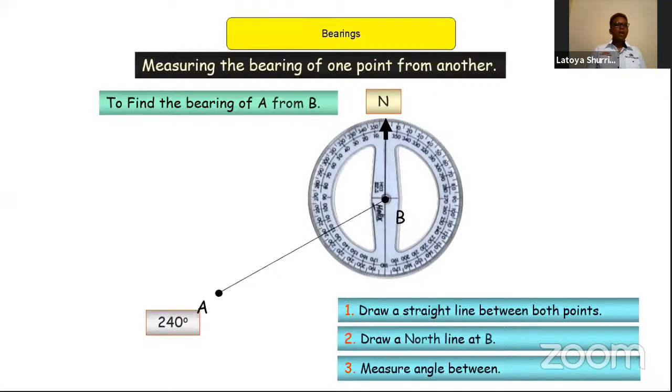So the bearing of A from B, remember we're going in a clockwise direction, is... Answer at the bottom at A, saying 240 degrees.